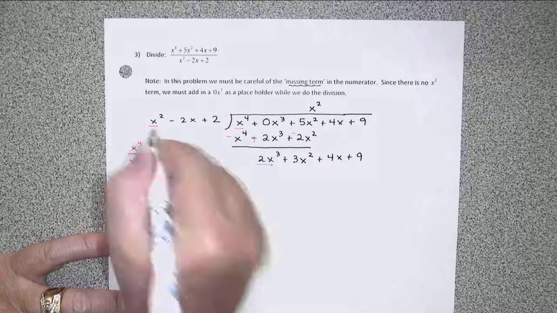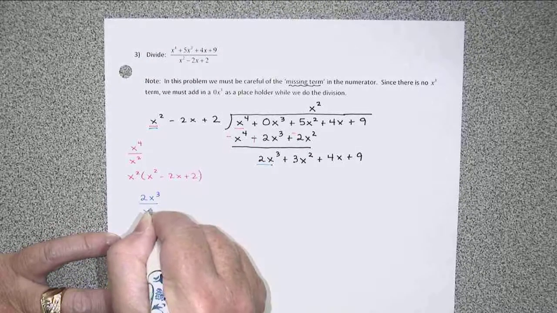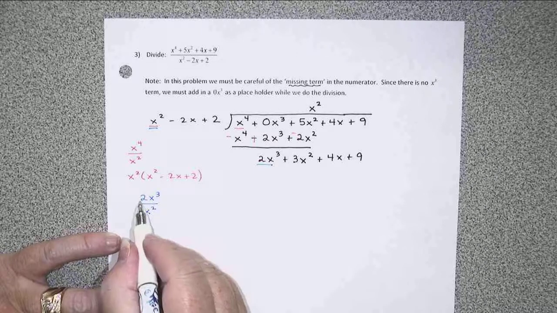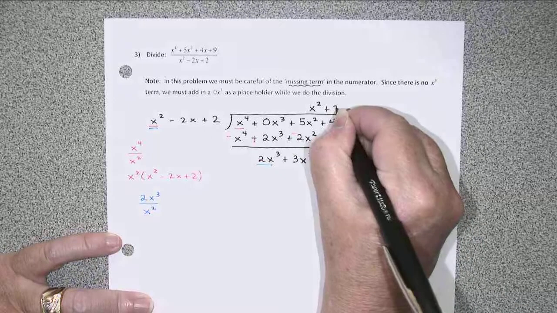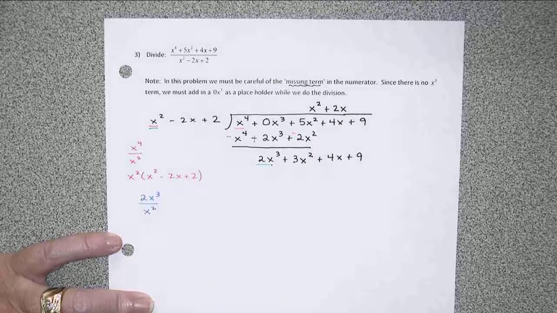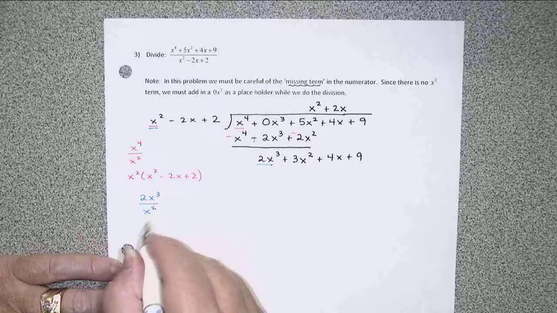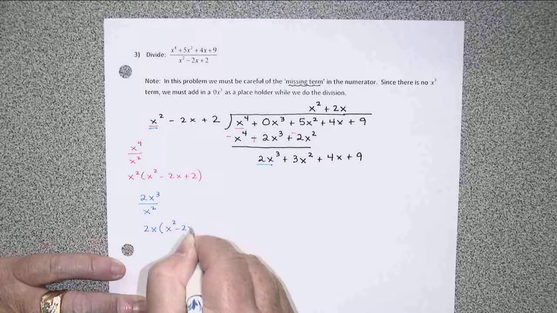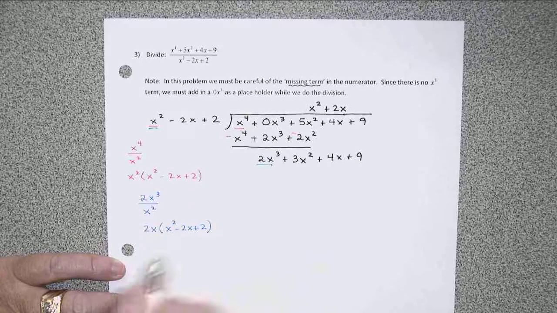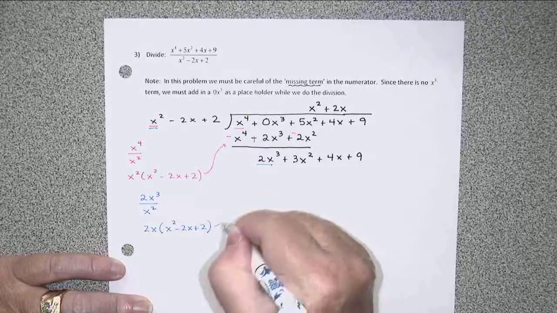2x cubed divided by x squared. Well, that'll be 2x to the first. So I'll put a plus 2x here. And then I take my 2x and multiply it by the divisor. And I'm missing my pattern here. There we go.